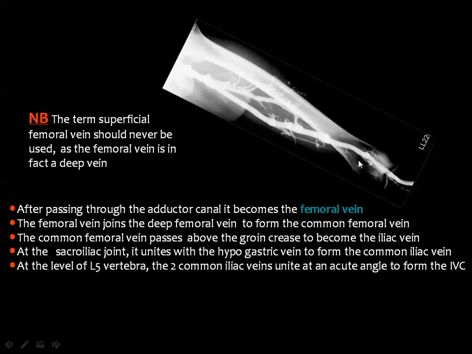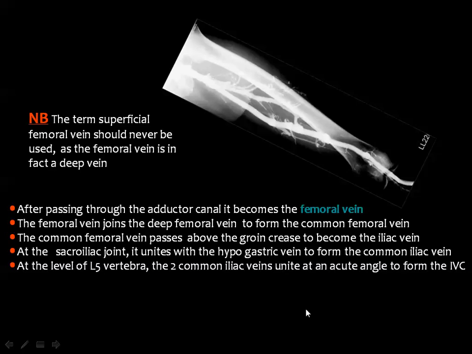And here is the popliteal vein, and this is the femoral vein going to the external iliac. After passing the adductor canal, it becomes the femoral vein, and the femoral vein will join the deep femoral vein, which corresponds to the profunda femoris artery, to form the common femoral vein.